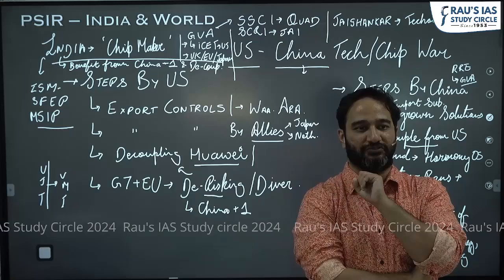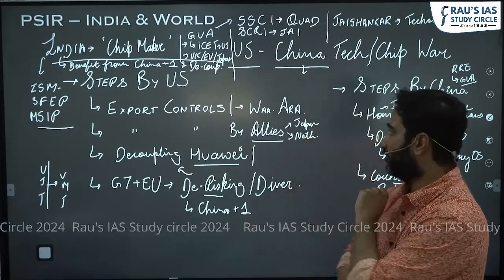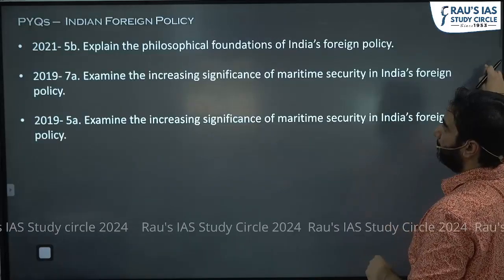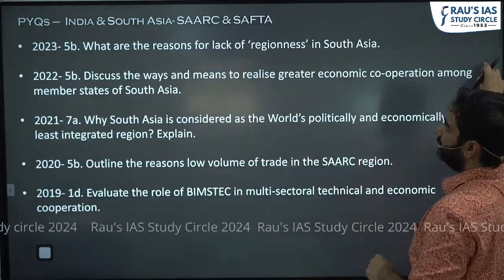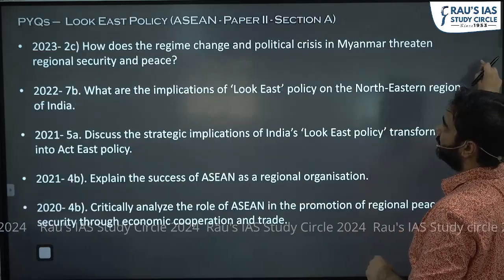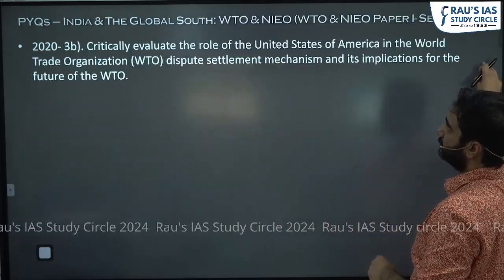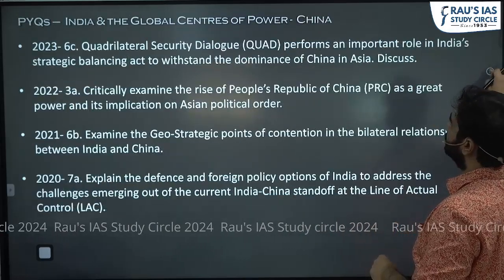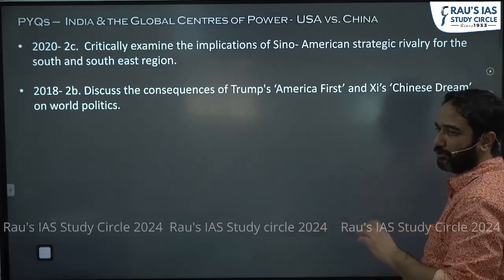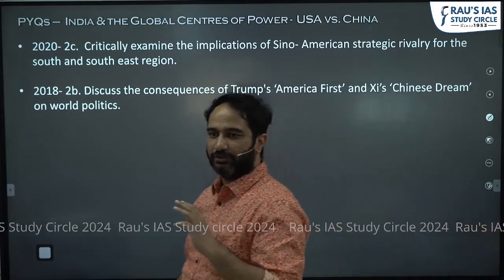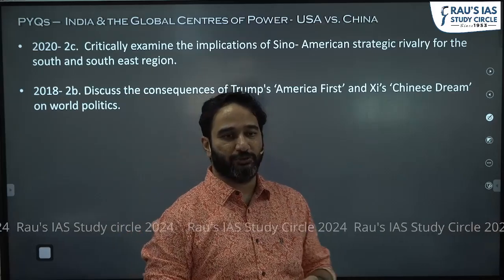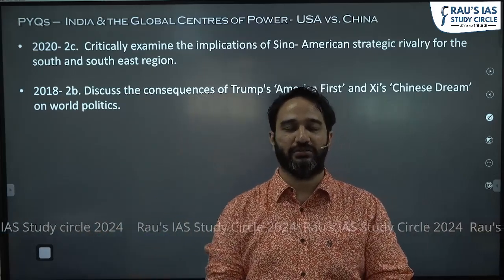Depending on how the question is framed, you have to use them accordingly. I'll give you an example. We'll talk about the Chinese questions tomorrow, both the JS and the PSIR one, but we'll talk about the US versus China questions that have been asked in PSIR.